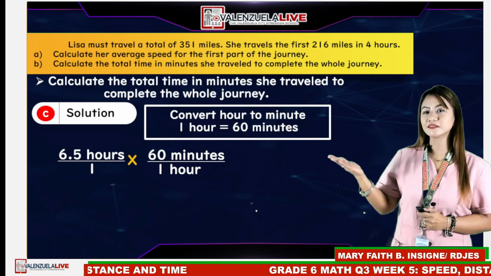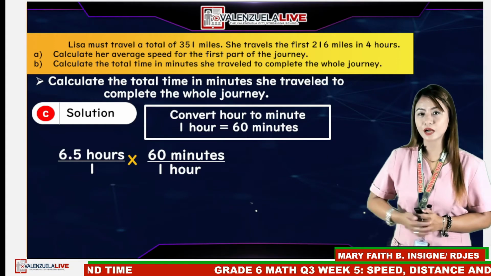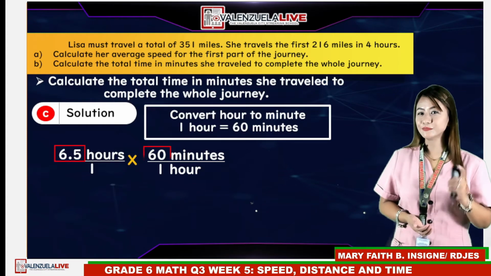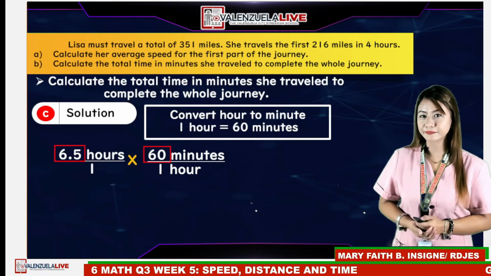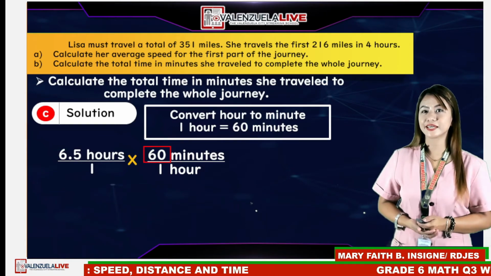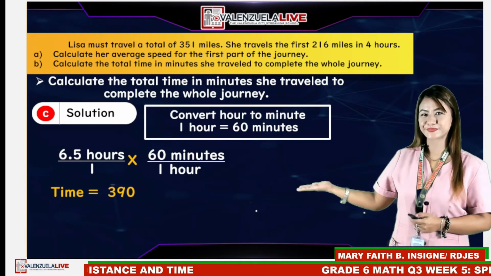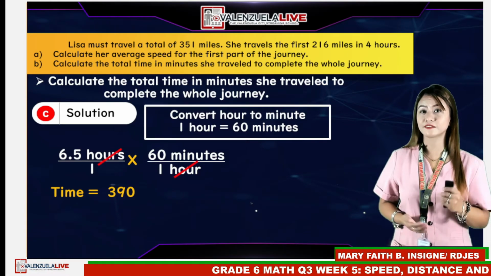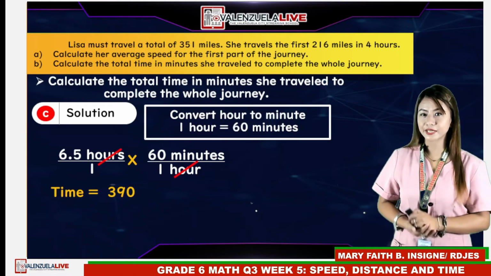We set this up in such a way that the unit hour cancels. Now, multiply 6 and 5/10 by 60, which gives us 390. Since we already canceled the unit of measure, which is hour, what will be the final answer now?